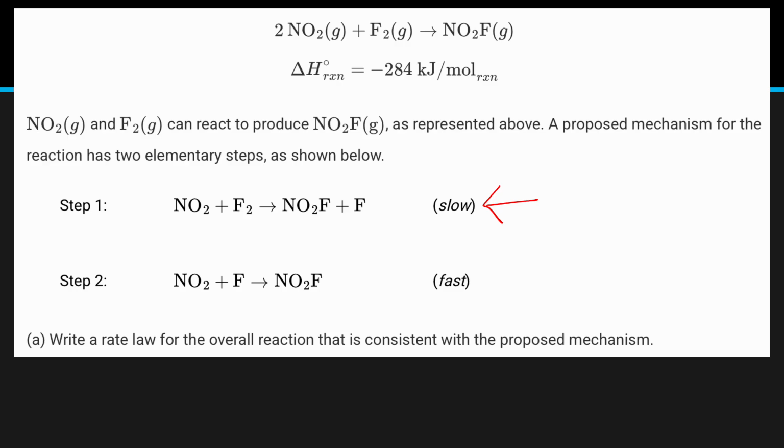So since the slow step is our first step, we're just going to write rate is equal to k times the concentration of our reactants raised to the power of the coefficient, which is only 1. And this would be our rate law for this specific mechanism.